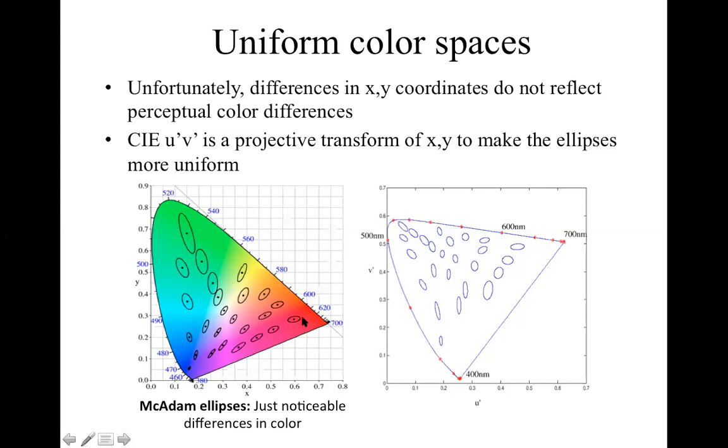As you can see here, you have elongated ellipses, meaning that the distance in color from this point to the point here is the same as the distance from this point to this point. Whereas if you go to the uv color space, then you have a uniform color space where the ellipses are more uniform.